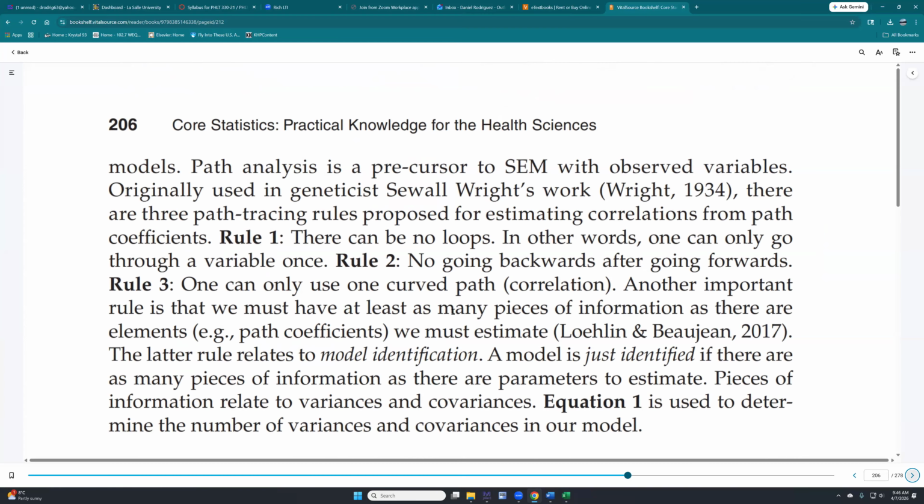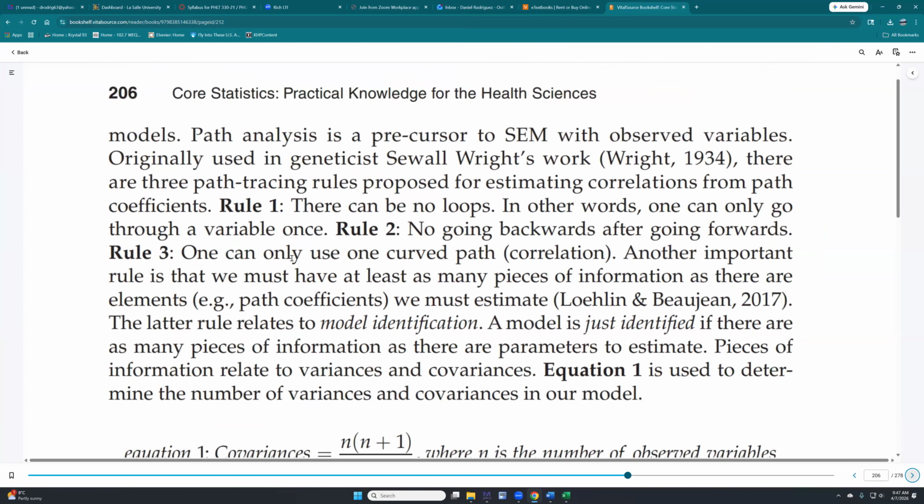Path analysis, as I said, is a precursor to structural equation modeling with observed variables originally used by geneticists. Sewall Wright, back in 1934, proposed three path tracing rules for estimating correlations from path coefficients. Okay.